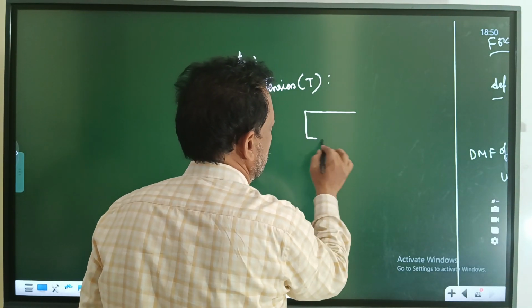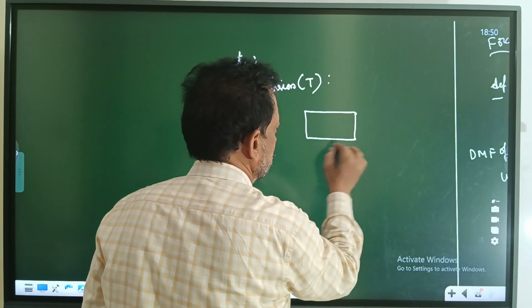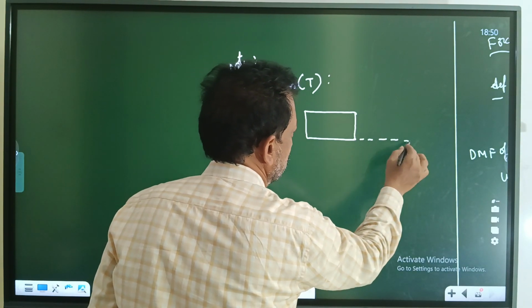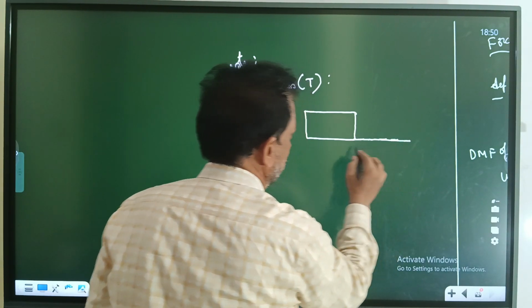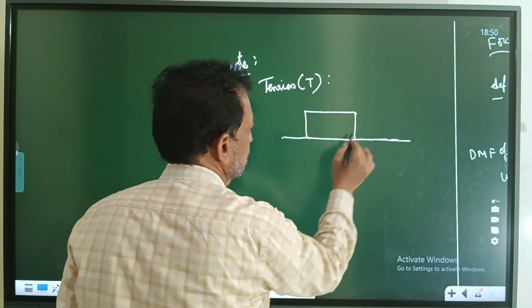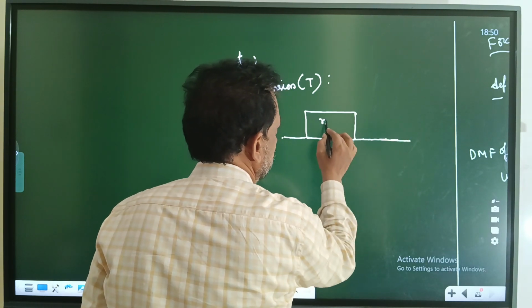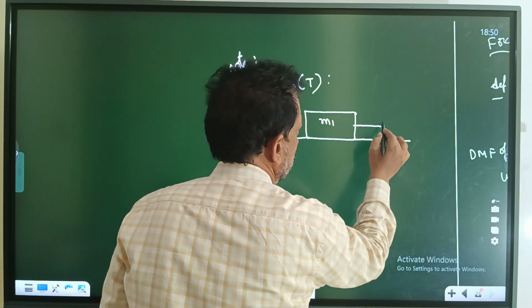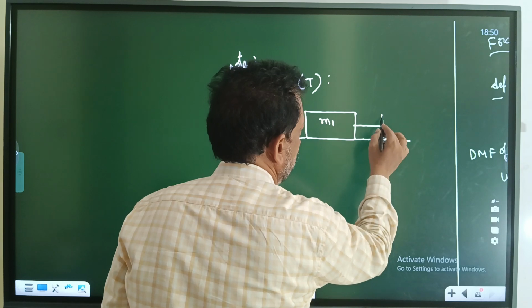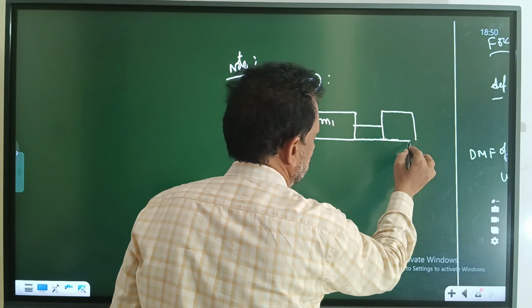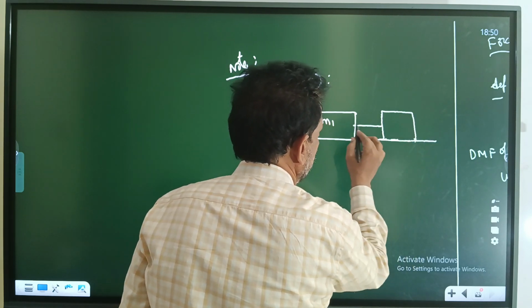When two masses, M1 and M2, are connected with a string and a force is applied.